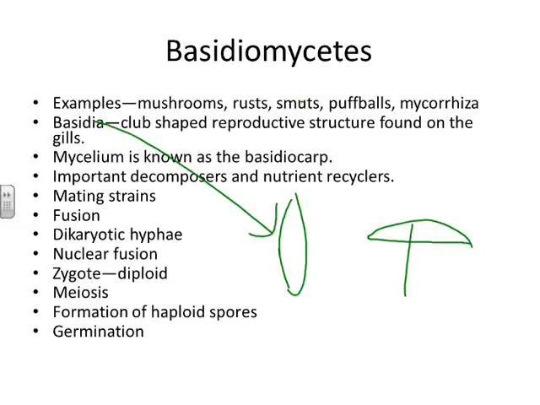Those dikaryotic cells, then the nuclei fuse together. We get a diploid nucleus. That diploid nucleus will then undergo meiosis, create haploid what? In a fungus, what does meiosis create? Haploid spores. That's the basidiomycete sexual reproductive cycle. In all fungi, it works basically the same way.